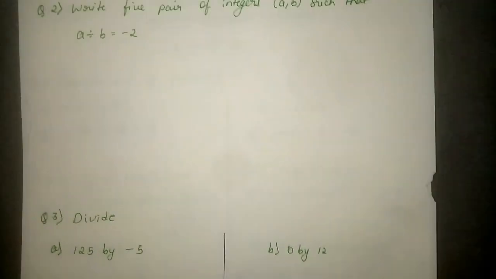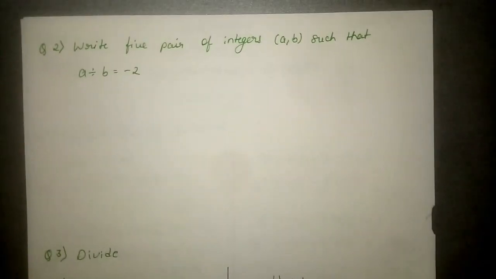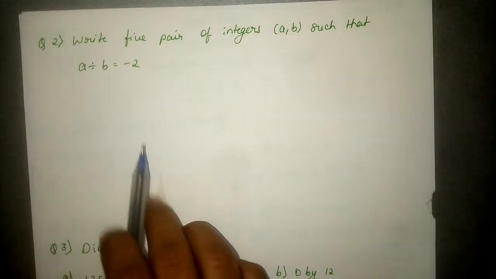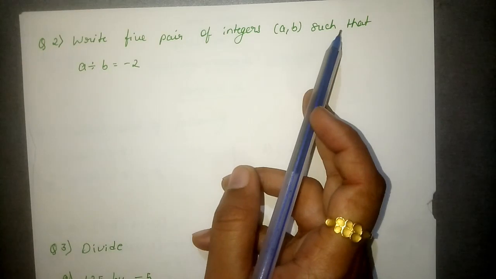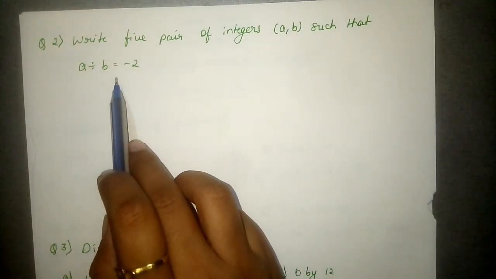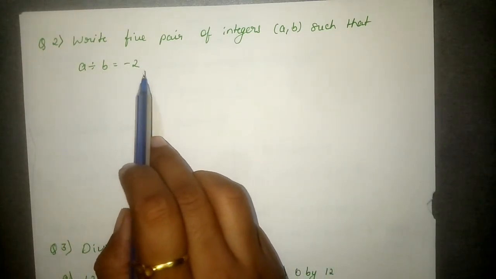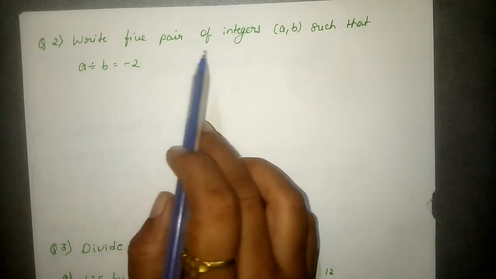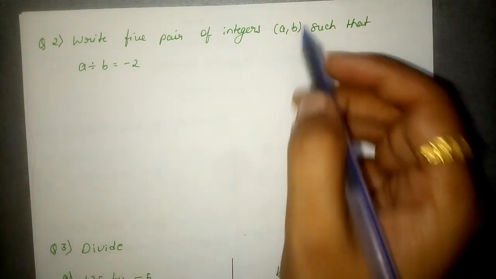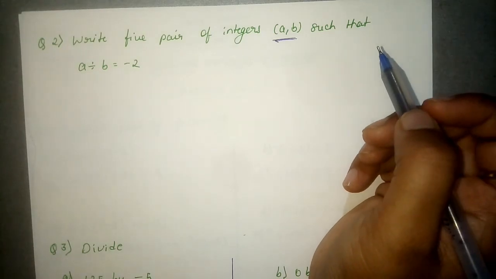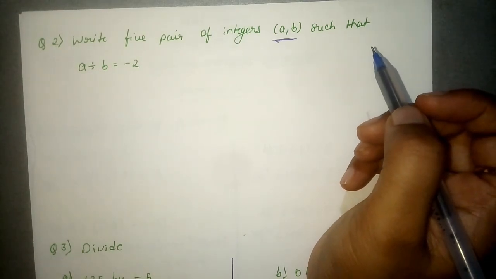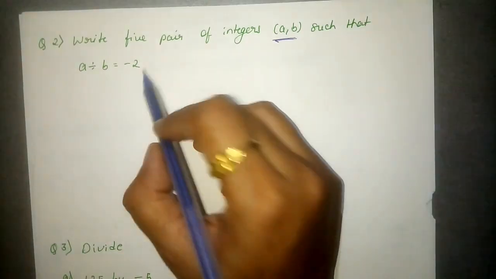Then the next question. It is given: write 5 pairs of integers a, b such that a divided by b equals minus 2. It means in this question we have to take a pair of integers in the form of a comma b, and when we divide the two integers we should get the answer as minus 2.